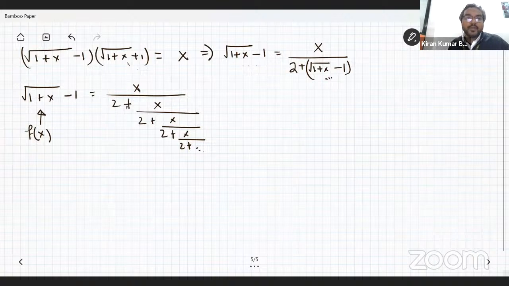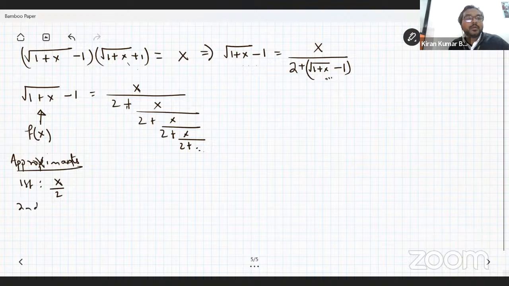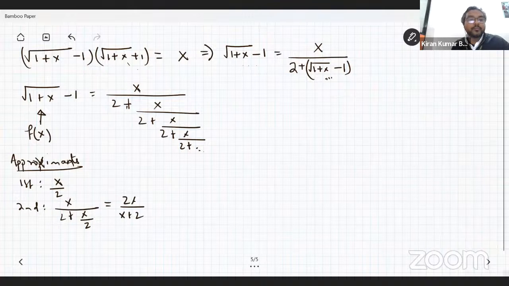So what we have is approximates again, and we'll discuss what these approximates converge to. Approximates, right? So first is x by 2, second is x by 2 plus x by 2. So this gives me 2x by x plus 4.